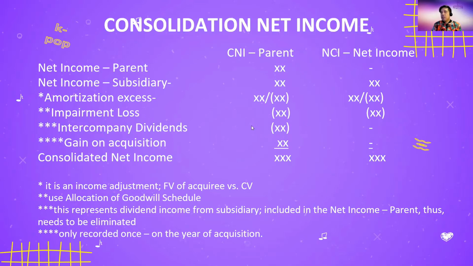Impairment loss. If the consideration, which is what the parent paid to buy the net assets of the subsidiary, is greater than the net of the fair value of the identifiable net assets of the acquiree, then it will result in goodwill. That goodwill, per accounting standards, we have to test annually for impairment.